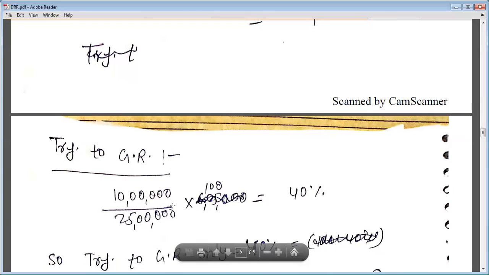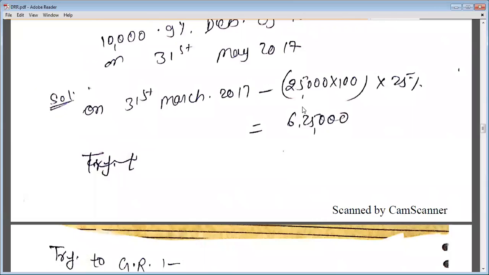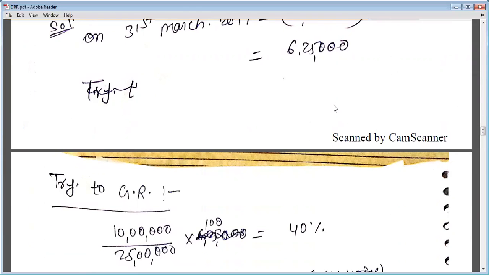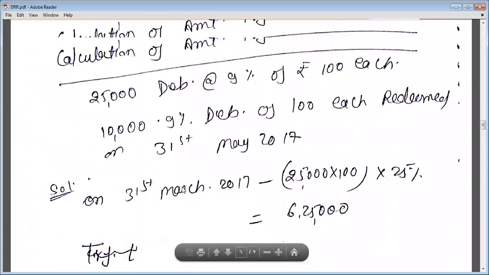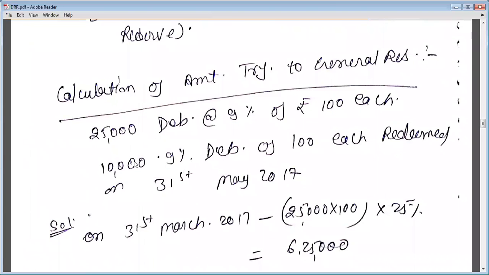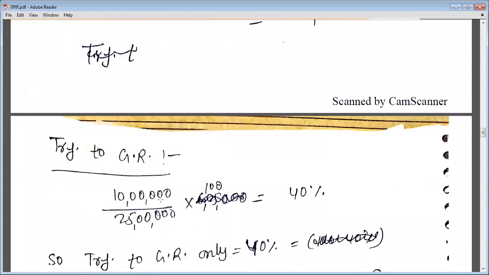Okay, so this 6,25,000 that we created as DRR, for how much amount did we create it? For 25 lakhs, that is 25,000 multiplied by 100. So 6,25,000 for 25 lakhs. Now we redeemed only 10,000 debentures, that means 10,000 multiplied by 100, that is 10 lakhs.